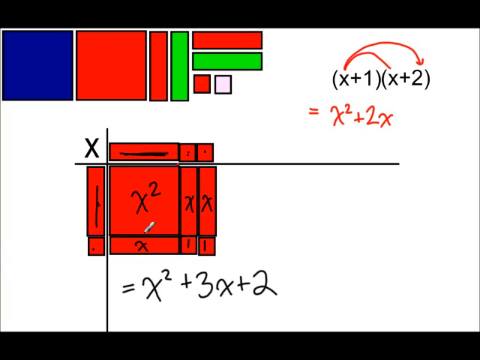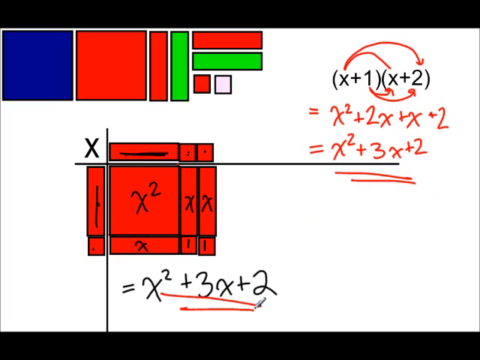Then this 1x came from 1 times x, and these 2 came from 1 times 2. So x squared, collecting like terms, 3x and 2. That's my answer. That was my answer.